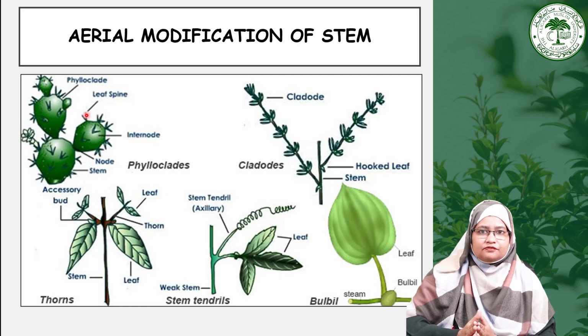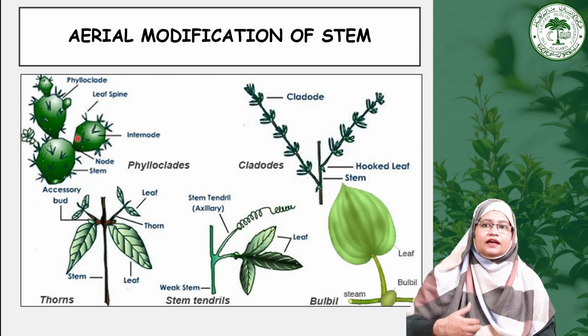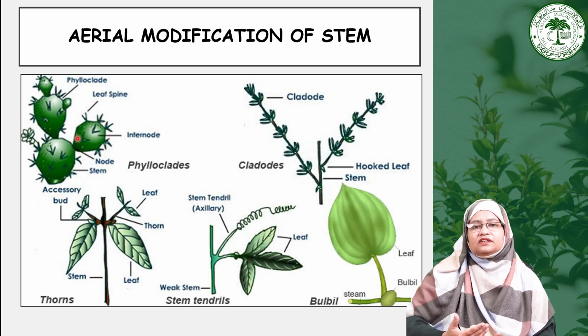When the stem becomes photosynthetic, a very small amount of water is lost in the form of transpiration. So leaves are modified into spiny structures, and the stem is modified into a flat structure that performs photosynthesis and also stores water. As you can see, these are fleshy in nature.